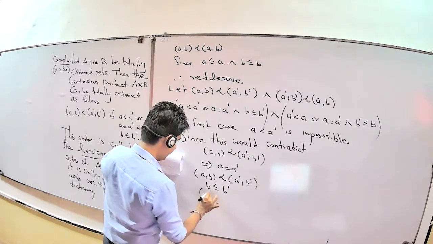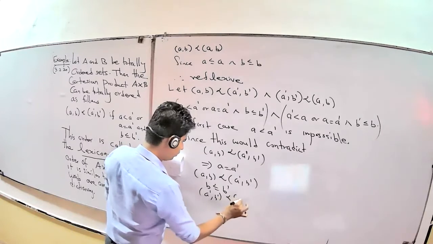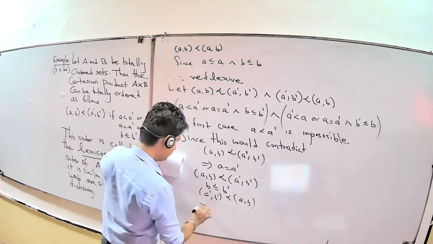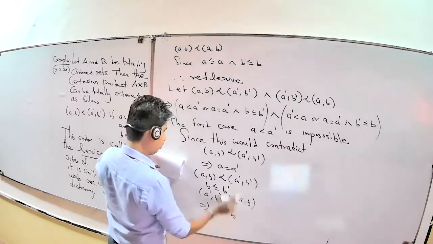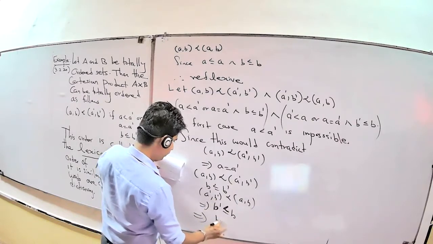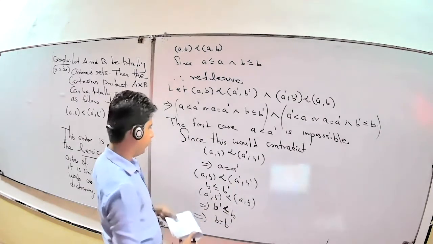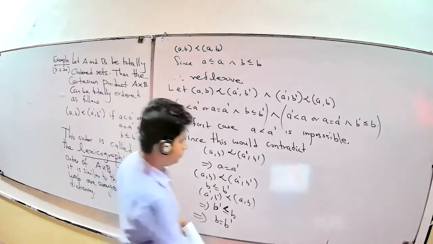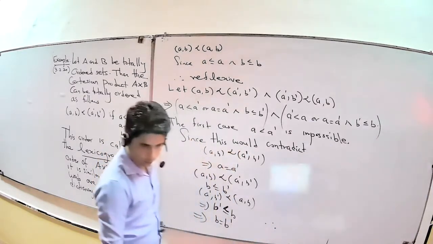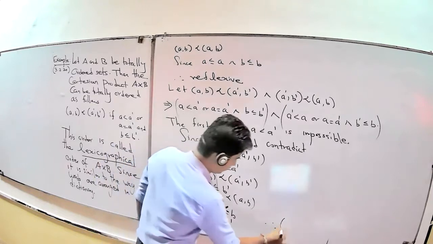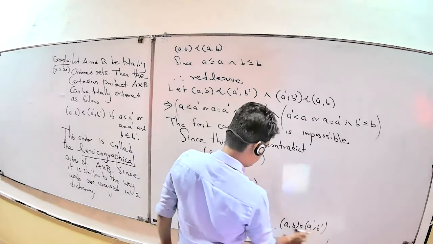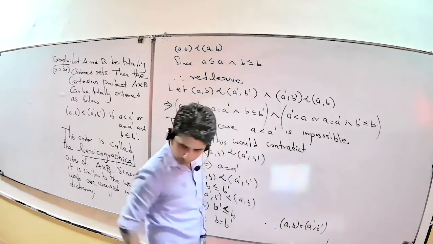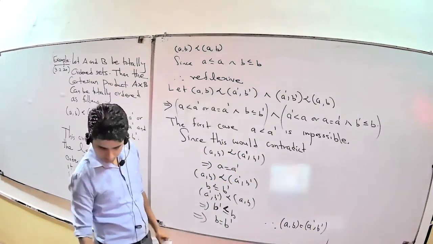But here A dash B dash is related to A comma B, so B dash less than or equal to B. From both you can have B equal to B dash. Here A equals A dash, B equals B dash. Therefore A comma B equals A dash B dash. The coordinates are equal, right? The coordinates are equal.